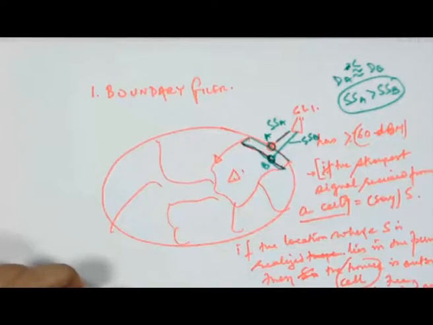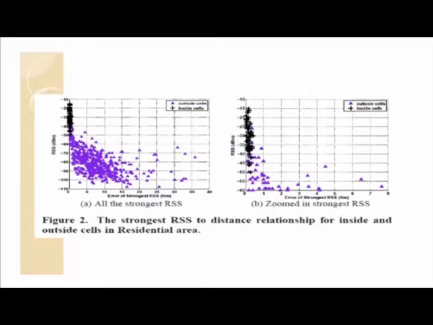So that is exactly what we have seen here. See the picture again. At 1 kilometer you can get minus 60 dB, or you can get minus 55 dB, whereas at 2 kilometers you may get minus 58 dB.